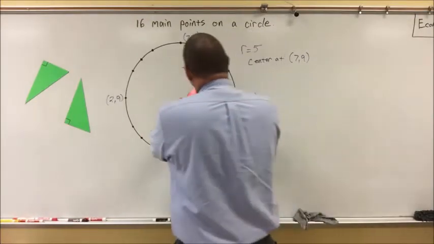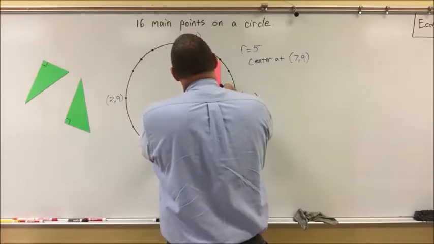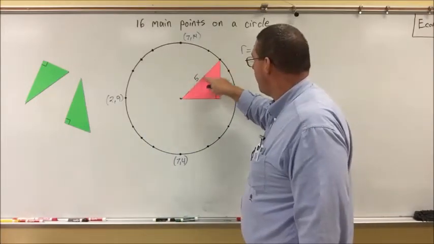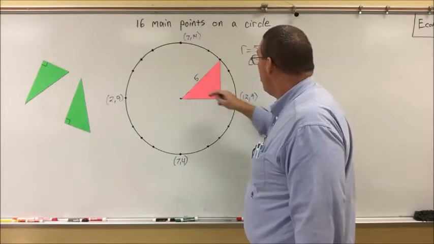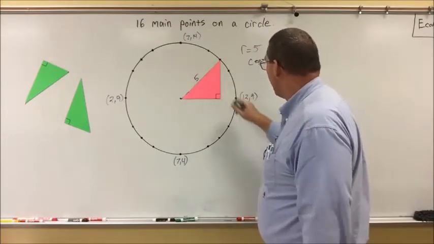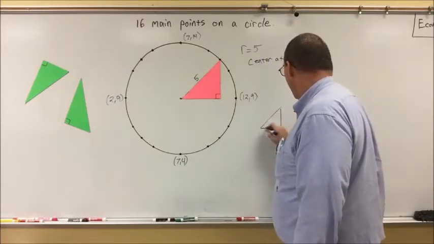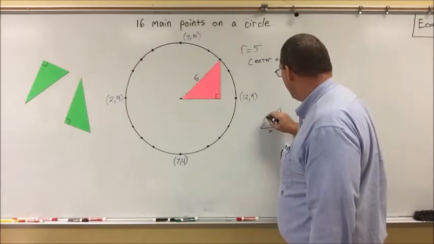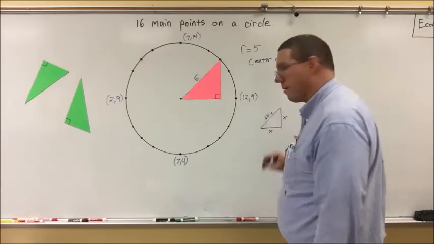Now, if I have a 45, 45, 90 with a hypotenuse of 5, we know that in a 45, 45, 90, if the legs are equal to x each, then the hypotenuse is the square root of 2 times x.